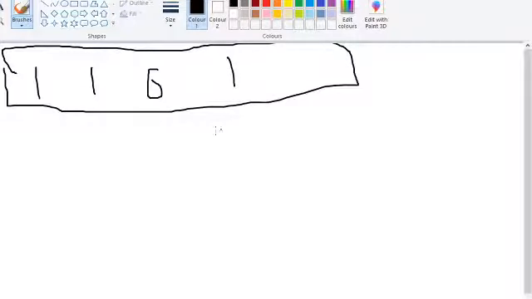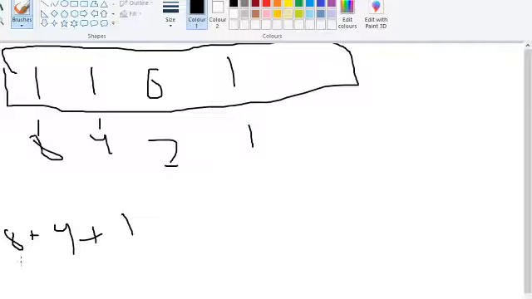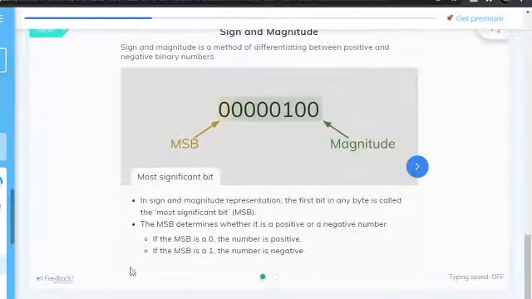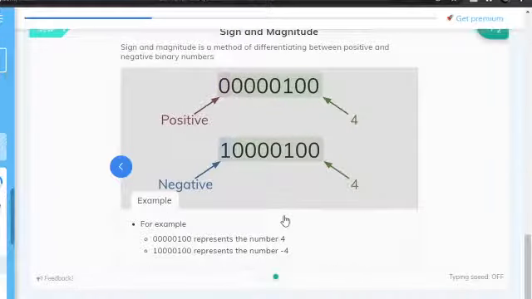That would mean the place values would be 1, 2, 4, 8, 16. If this was a 1 here, that would mean it would be minus this value. So that would be minus 16. Then it would be plus 8, because 8 is here. Plus 4, because 4 is obviously here. Plus 1. So that would be 13 minus 16, which is minus 3. Whereas if this was a 0, this would just be 8 plus 4 plus 1, so that would be 13. So that's sign and magnitude. Simple.